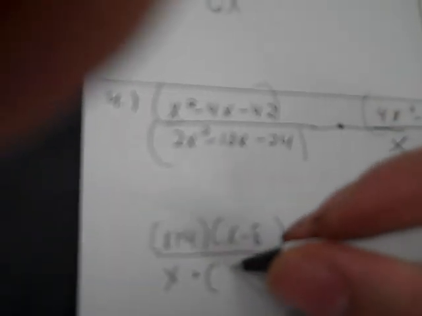So I put my 2 in front, then x, and then 3, 16. So I've got minus, so minus 16 and plus 3. You need to keep that the same, and we divide this by 2, that's 1x minus 8. Okay, so I've got 2x plus 3 times 1x minus 8.